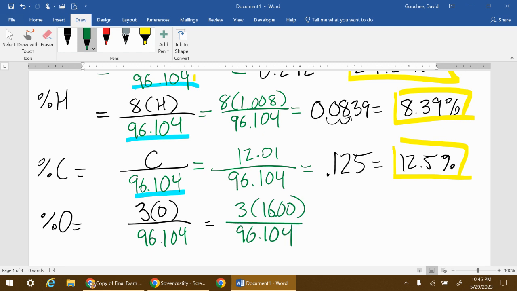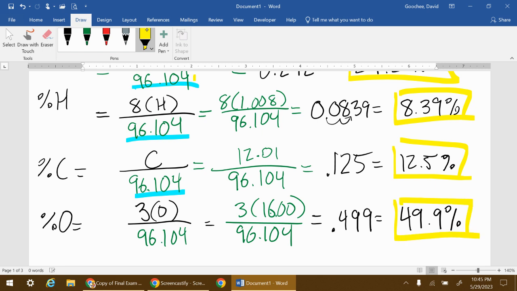So 3 times 16 divided by 96.104. And I get 0.499, or 49.9%. Okay, there we go.